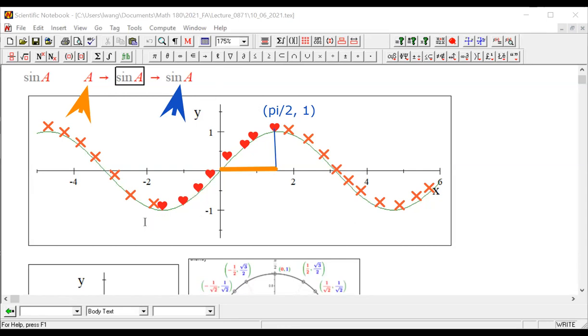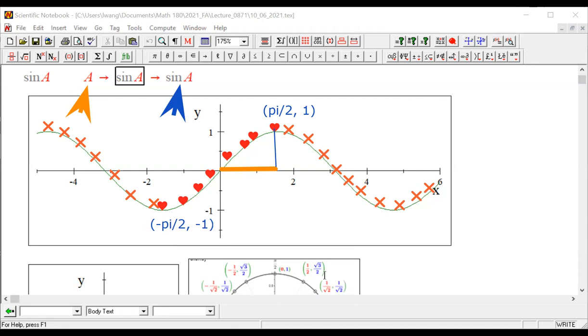Would it be 3 pi over 2? 1? Negative 1, I mean? -1 is correct, but what's the input? Negative pi over 2, -1. Right?